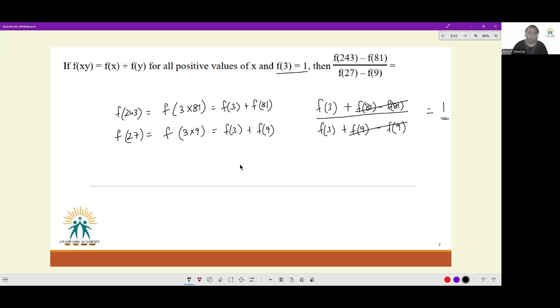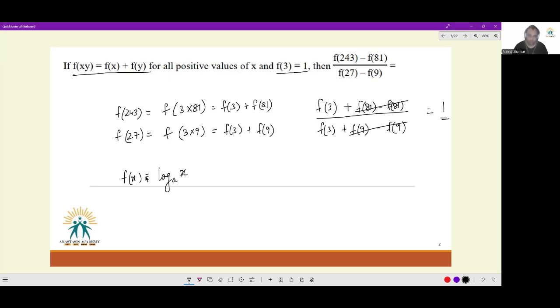Another way of doing it is, see, this relation is only valid if f(x) is equal to log x to the base a, some random base. f(x) is equal to log x. This is an indication of a log related or index related function.